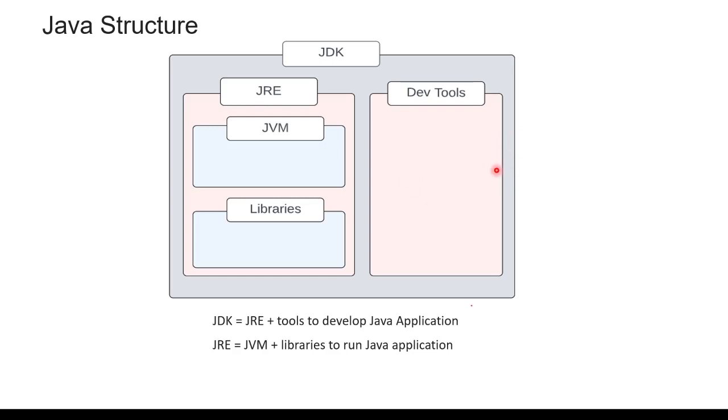That bytecode is passed to this JRE. In JRE, the JVM is mainly responsible for executing the bytecode, and it uses libraries as dependencies to execute it. This is the overall picture of JDK, JRE, dev tools, JVM and libraries.